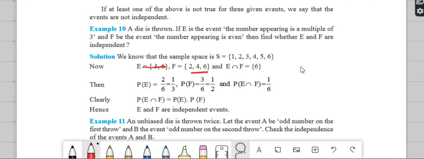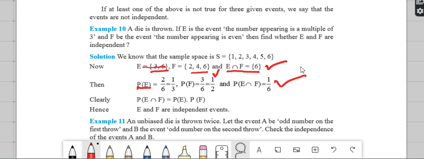Now find out P of E intersection F. So E intersection F is equal to 6, and P of E is equal to, because here we have 2 elements in E, 1 upon 3, and similarly P of F is 1 upon 2, and P of E intersection F is 1 upon 6.